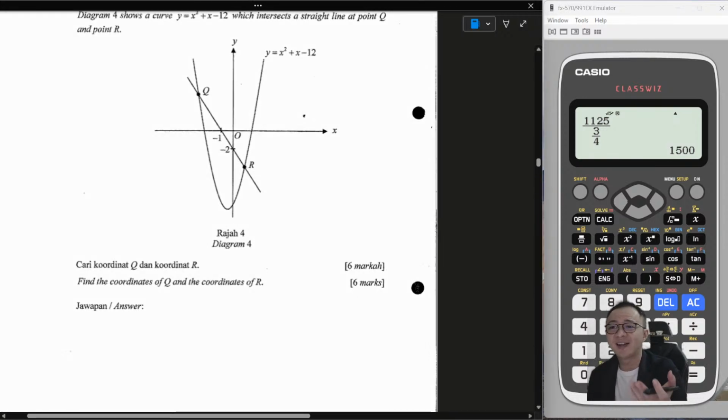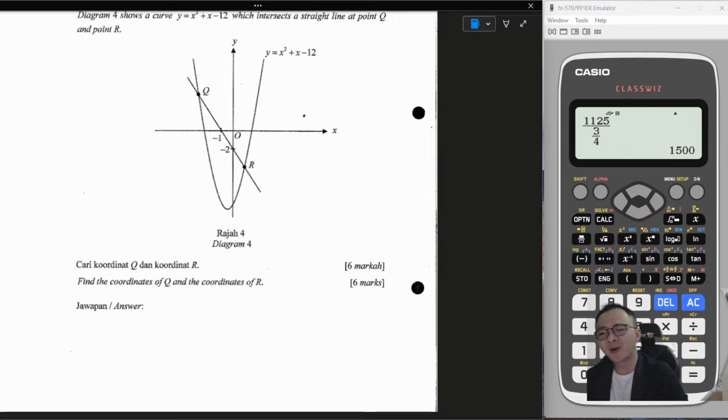Remember, whenever you want to find the intersection point, always do simultaneous equations. You find two equations and sub them into each other. That means you need the equation of this line and the equation of the given curve. So right now my objective is to find the equation of QR.